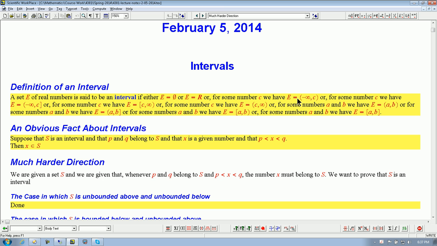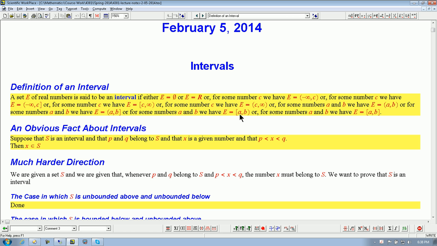Any set that looks like this, the set of all numbers less than a given number C, or perhaps less than or equal to a given number C, or perhaps greater than or equal to a given number C, or perhaps greater than a given number C. Or there you have a couple of numbers A and B, A less than B probably, less than or equal to B, and we're looking at the numbers that lie strictly between A and B, or non-strictly, that you allow the B and you don't allow the A, or you allow the A and you don't allow the B, or you allow both of them.